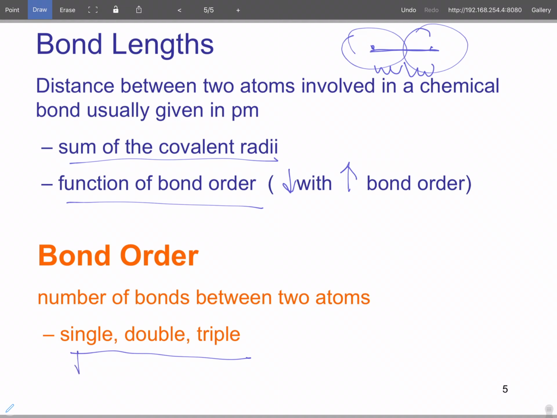So basically what it boils down to is a single bond is the longest and a triple bond is the shortest. Strength-wise, and we'll go over this, this is the strongest bond and this is the weakest bond. So when you're looking at bond order, you have to look at it from two perspectives. How strong is it and how long is it?